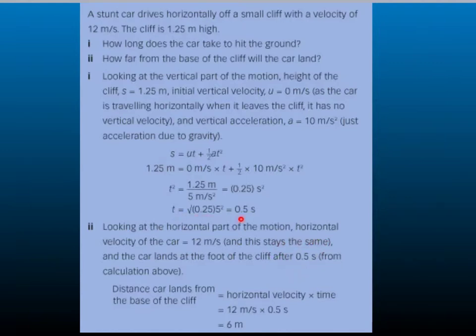We just worked that out in the calculation here. Okay, now because the horizontal velocity is constant, then we can do distance equals velocity times time. The horizontal velocity is 12 and the time is 0.5, which gives us a distance of 6 metres. So the range of the car is 6 metres from the bottom of the cliff.